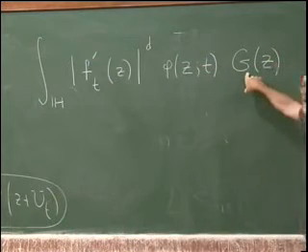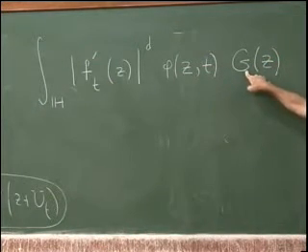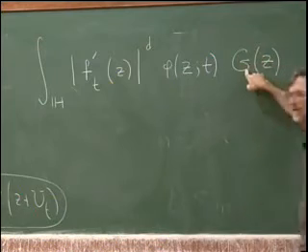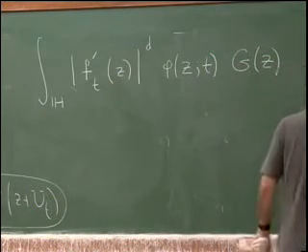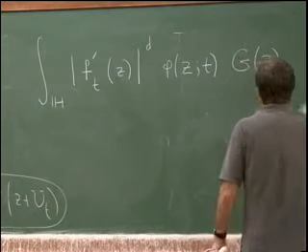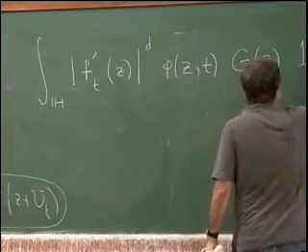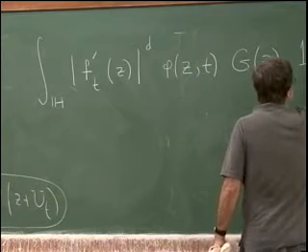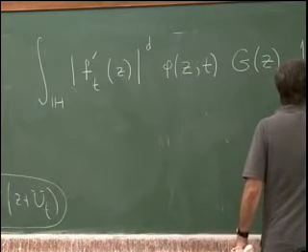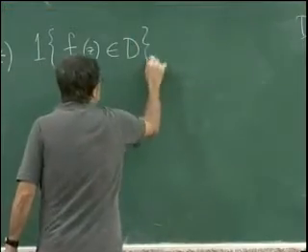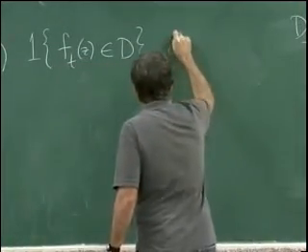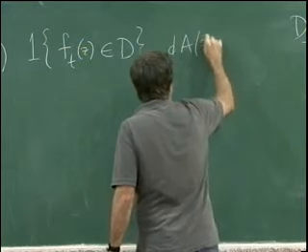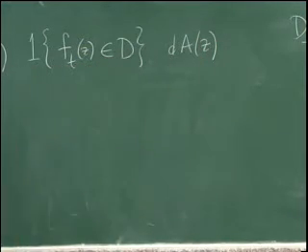That's the Green's function in the upper half plane, the SLE Green's function, what I've been using capital G for. Because I've restricted myself to D, I also have an indicator function that F_t of z lands in the domain D. And I integrate with respect to z.